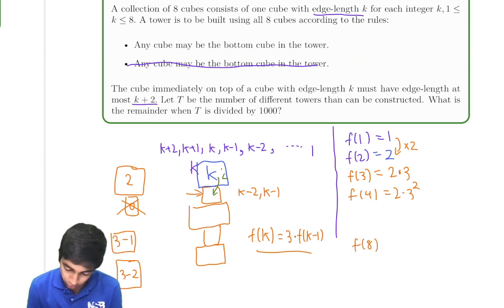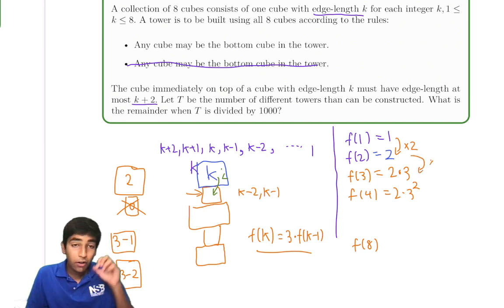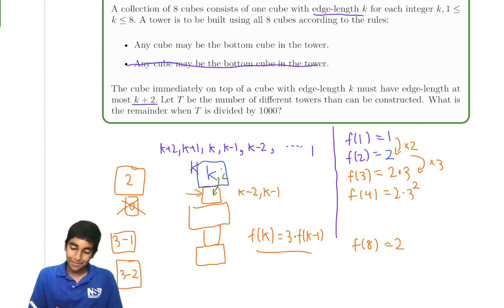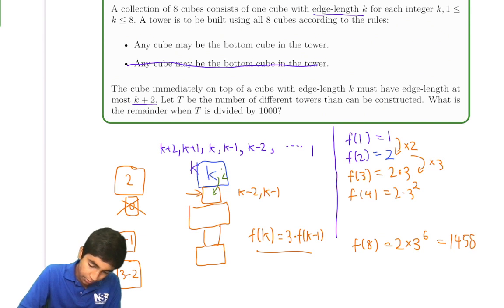So for f of 8, we multiply by 3 every time from f of 2. So we multiply by 3 6 times. 2 times 3 to the 6 equals 2 times 729 equals 1458. But we want to find the remainder when divided by 1,000, so 458.